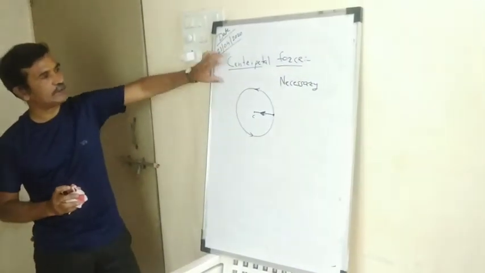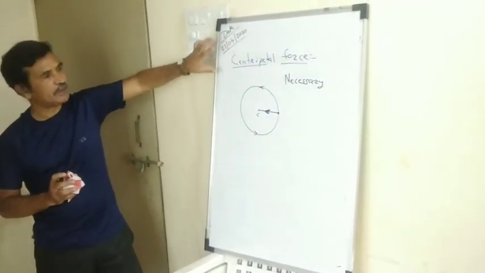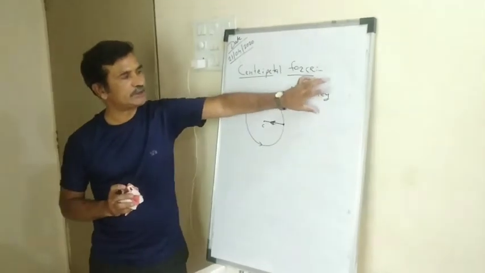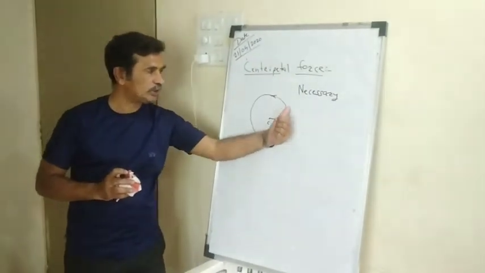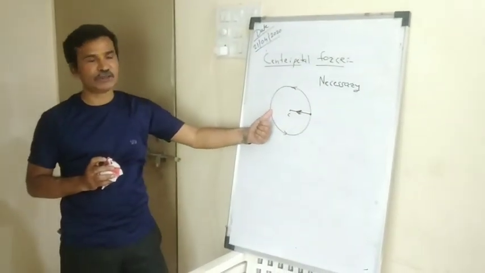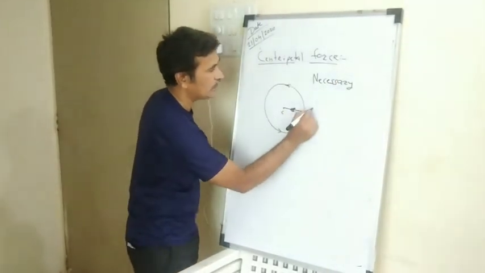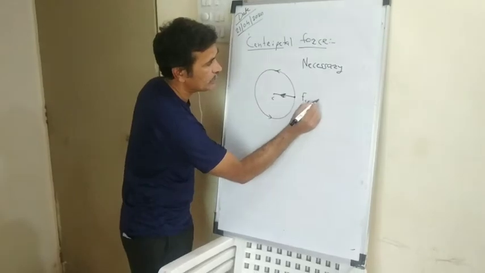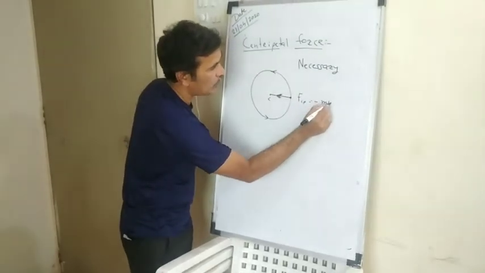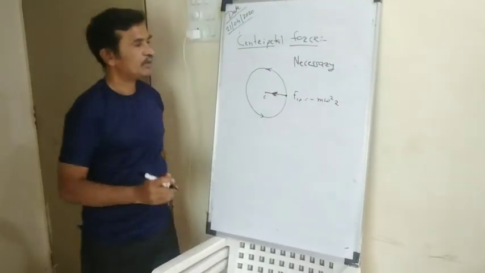Such a force is called centripetal force. And this force is given by F_CT is equal to minus m omega square r.